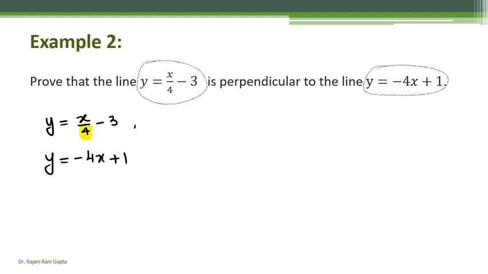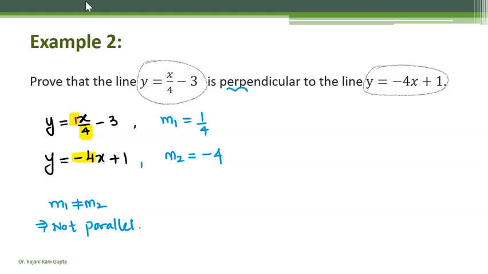So what's the slope here? Here it's minus 4, and here something divided by 4. So the coefficient of x is 1 in the numerator. So here slope m1 is 1 over 4 and here m2 is minus 4. Clearly the slopes are not equal, so the lines are not parallel.